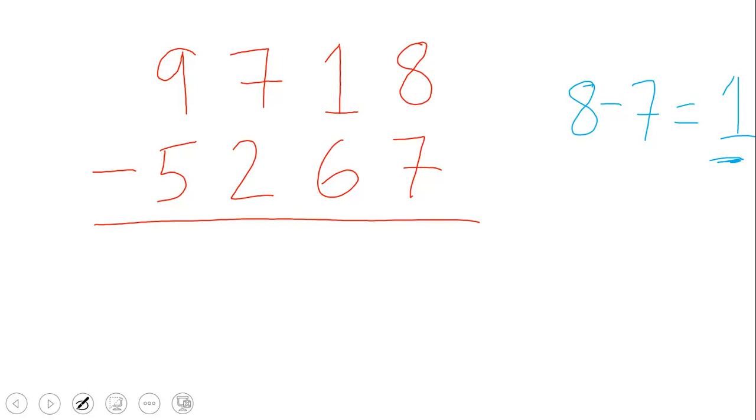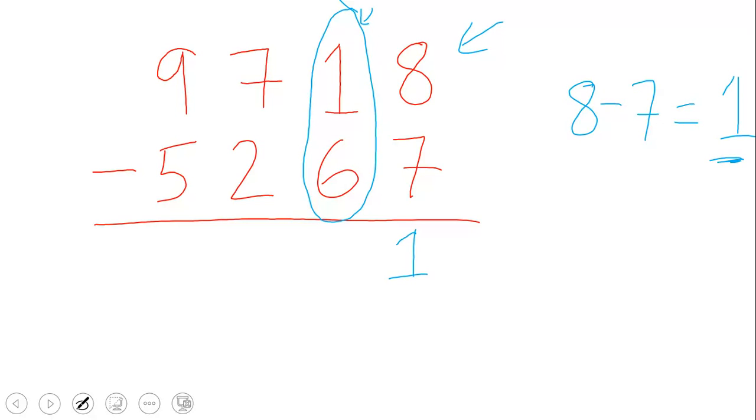So we take this 1 and put it right here below the 7. Now that we're done with that column, which is called the ones column, or the units column, let's go to the tens column.